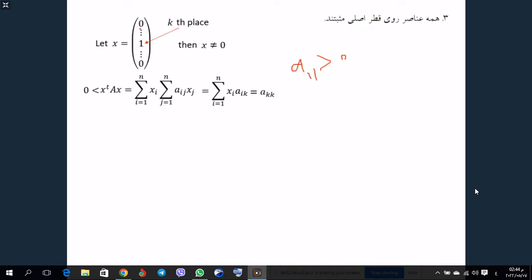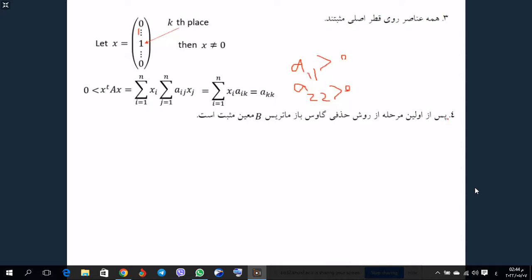If it is in the second place, that means A22 is positive. And we do that in the kth place and show akk is non-zero and greater than 0.